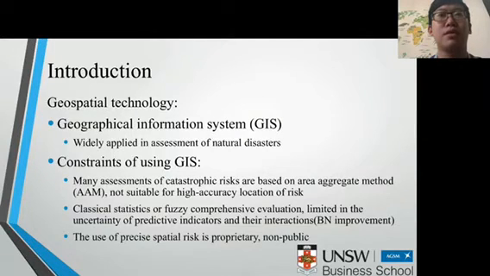Many assessments of catastrophic risk are based on the area aggregate method, called AAM, and it is not suitable for high accuracy location of risk. Most methods are classical statistics or fuzzy comprehensive evaluation, which are limited in the uncertainty of predictive indicators and their interactions. But Bayesian network can improve to apply spatial vulnerability.